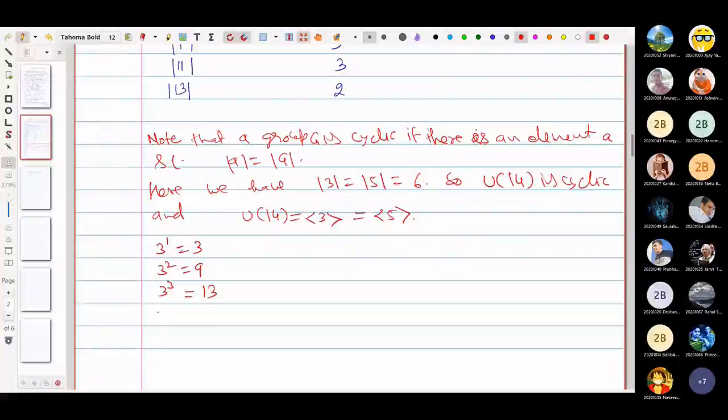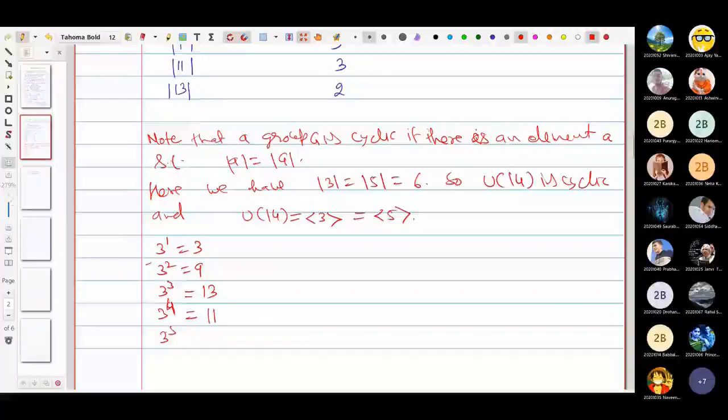Then 3 to the power 4 you just square, so it means 81. 81 divided by 14, what remainder do you get? 11.